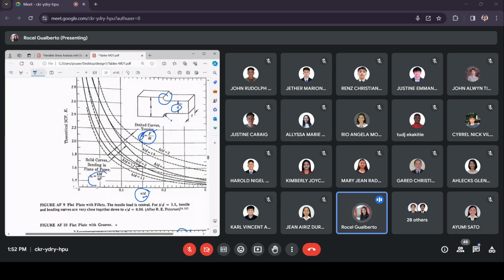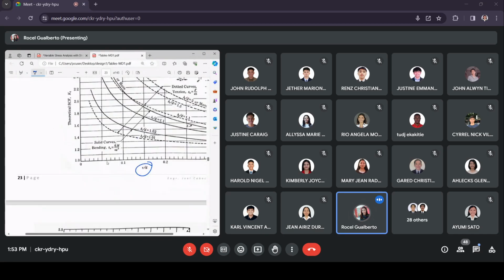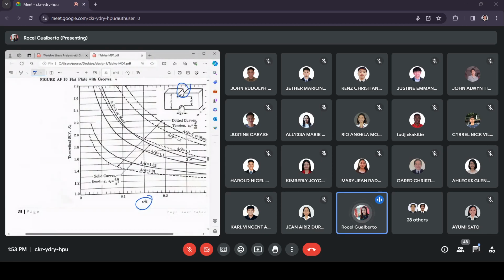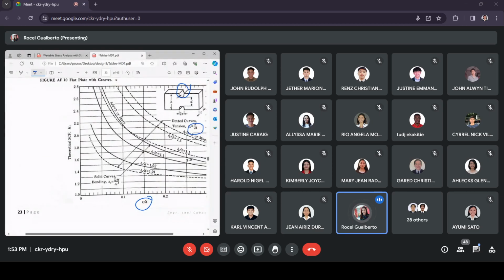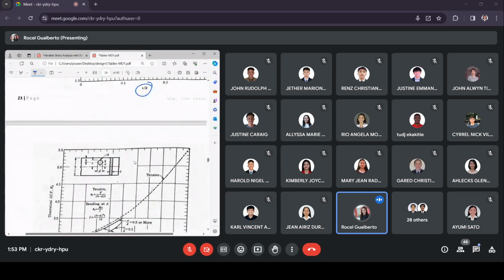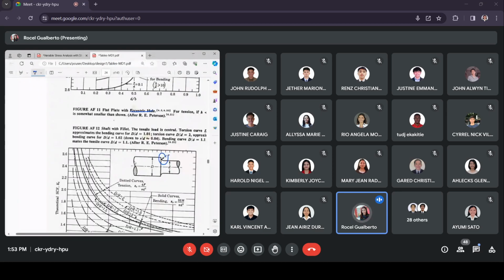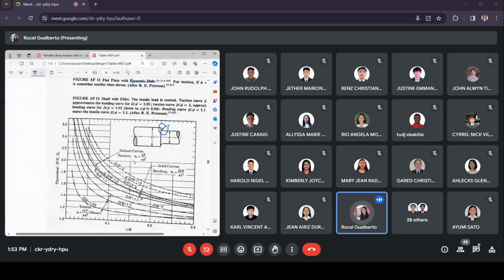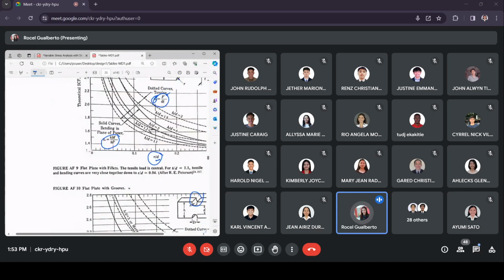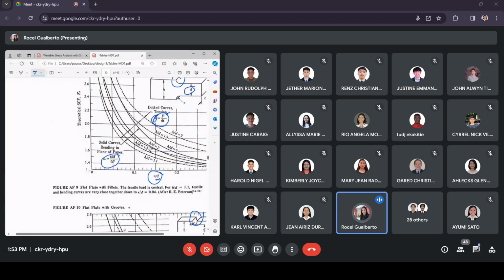This one is for bending. This one is tension also. This one is bending. So, the equations of maximum and minimum stresses are seen on our figures, again, AF8 up to AF14.